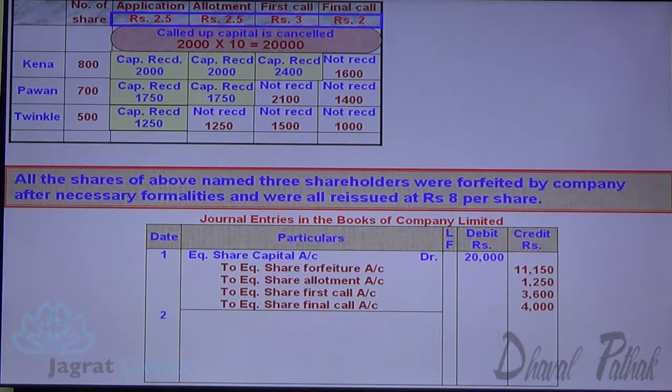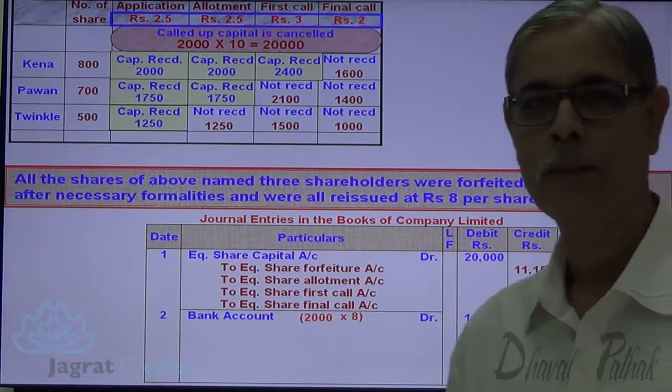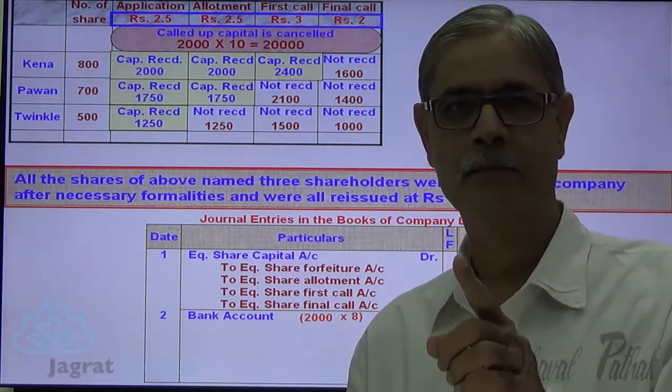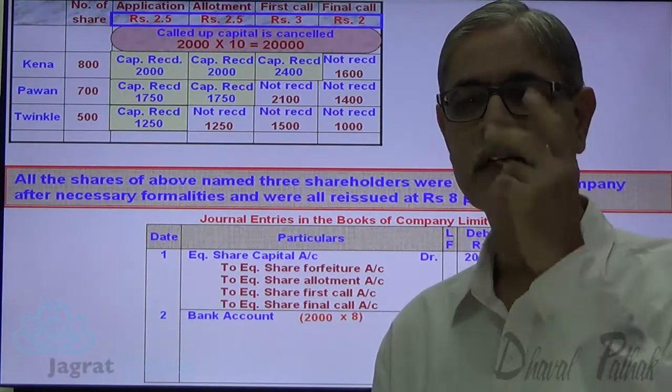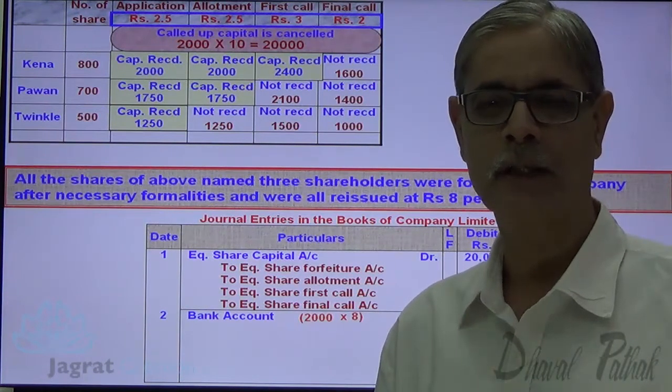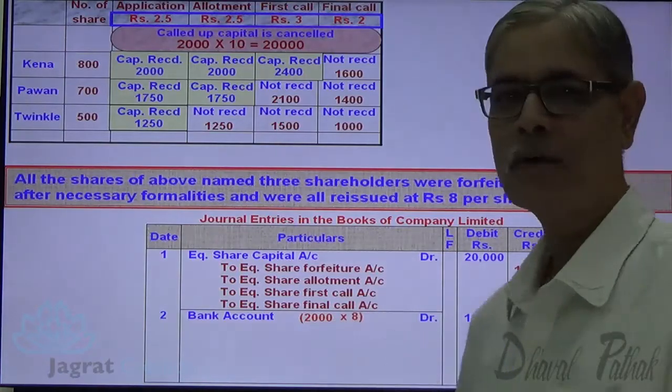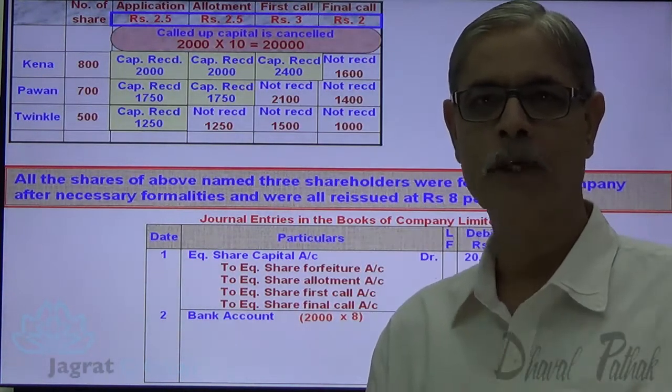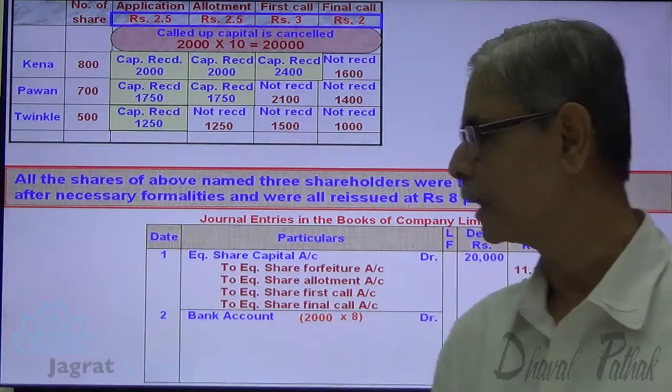Now all these shares are reissued at rupees 8 per share. So bank account debit 2,000 into 8, 16,000 rupees are received. Share of 10 issued at 8. 2 is the reissue discount. That reissue discount has to be paid out of forfeiture income. So on 2,000 shares at the rate of rupees 2 per share, 4,000 is the reissue discount.